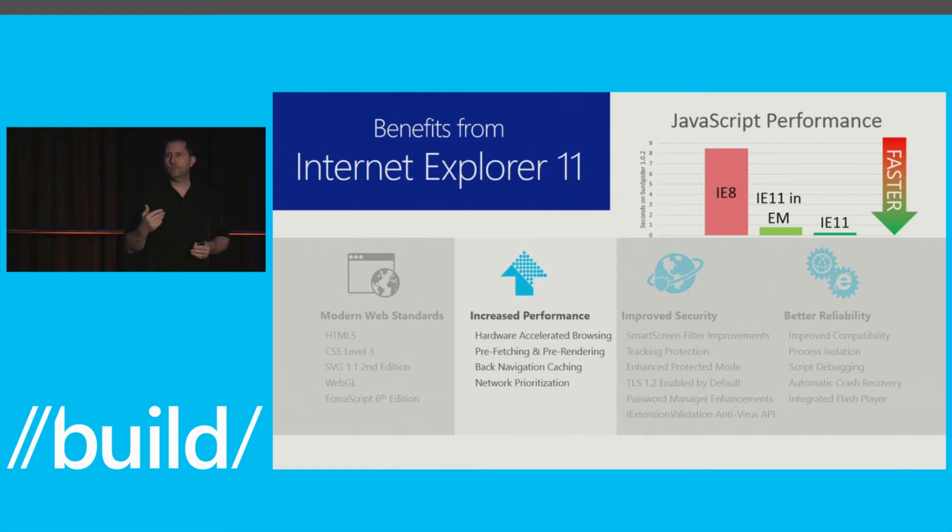And what we're finding now is IE11 running in enterprise mode loads IE8 web apps twice as fast. The JavaScript performance, the text rendering, and even the graphics rendering is all going to be faster because in IE9 we started to introduce hardware acceleration.